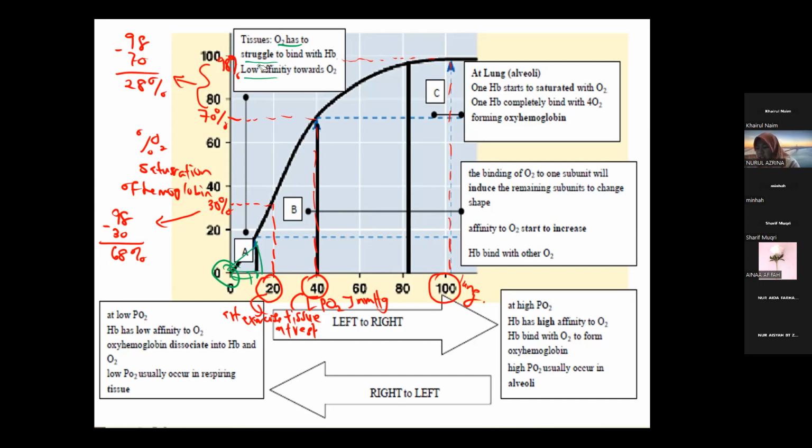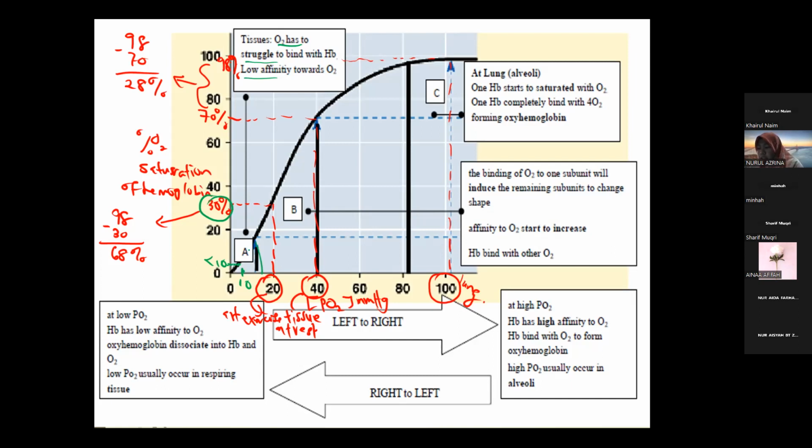That's why you can see, tengok madam cuba compare. When your partial pressure of oxygen is 10, contoh, oxygen saturation is less than 10. If we increase, okay, now kita tengok kalau 20. Kalau 20, oxygen saturation 30.